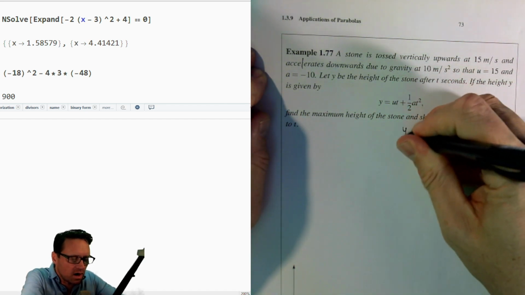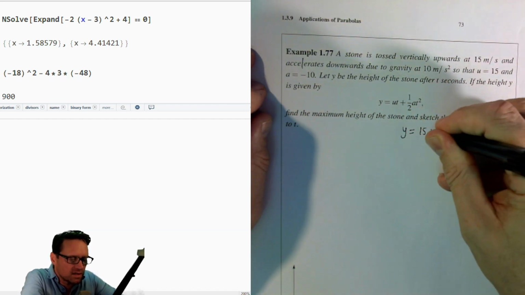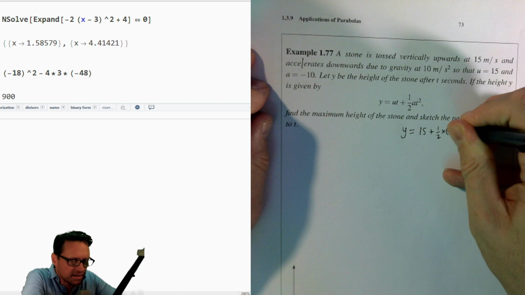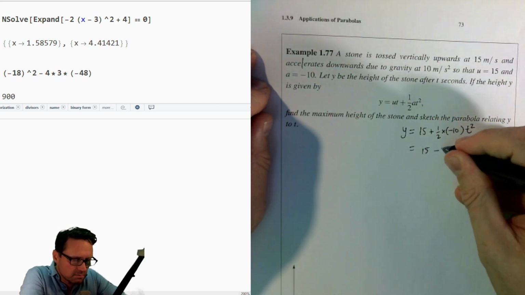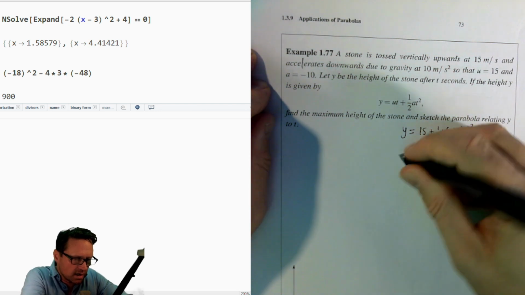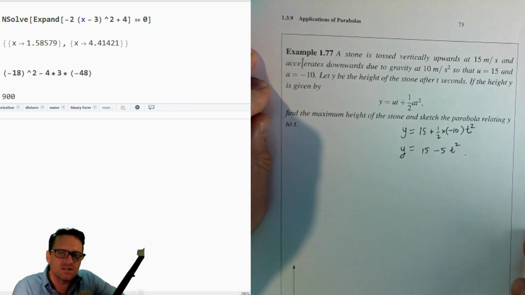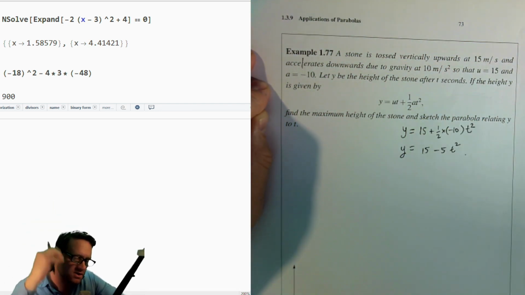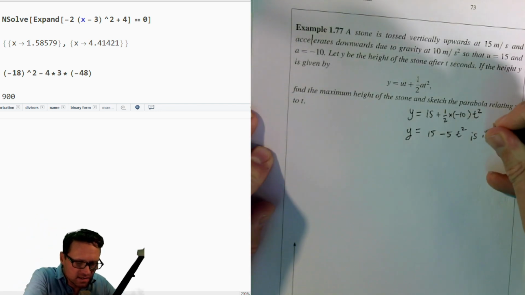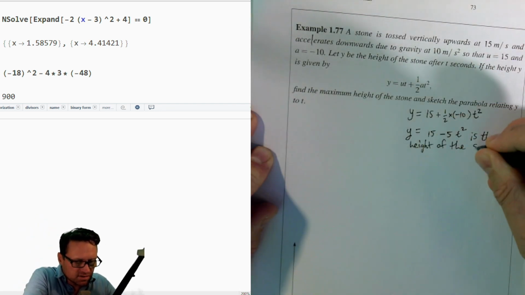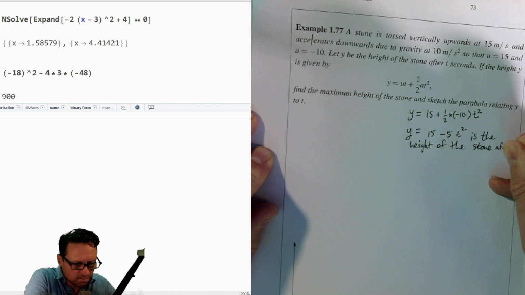So we have y equals 15t plus 1/2 times minus 10 times t squared, so this is 15t minus 5t squared. This describes the height of the stone after t seconds.